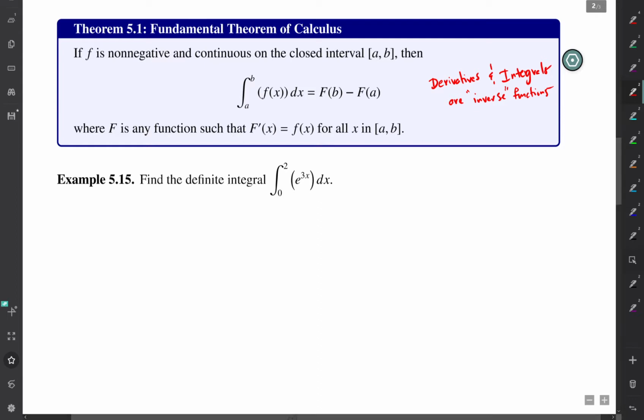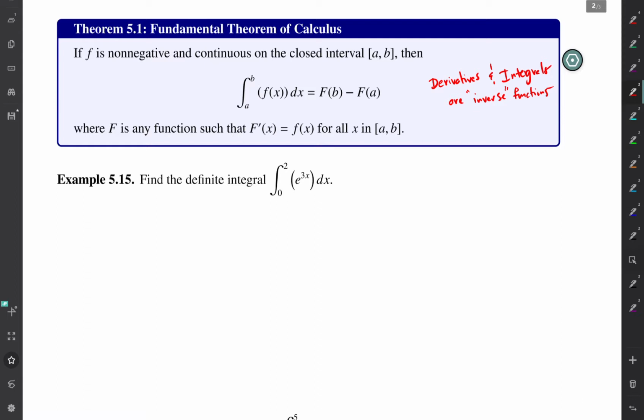Remember that they weren't inverses per se if you took indefinite integrals, because you're off by a constant. But if you actually give the bounds a and b, then we have a true inverse process, so that taking the integral and then taking the derivative gives you back what you started with in a sense.